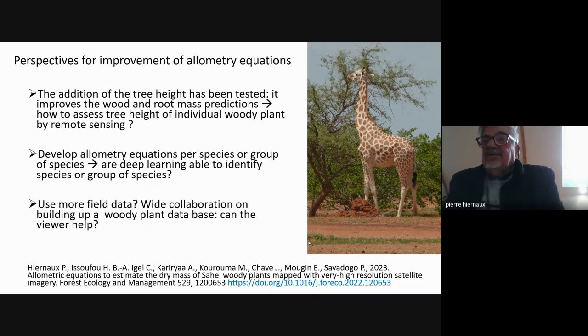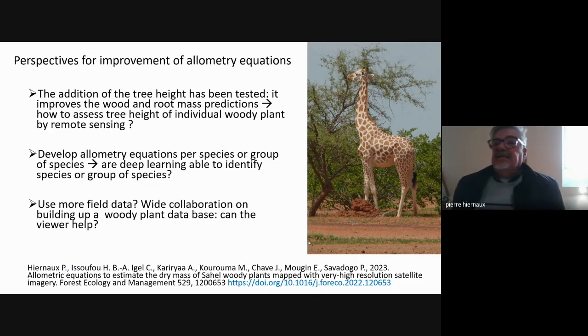Again, we already have answers there for, I would say, a couple of very special trees and shrubs. There's a paper published by a colleague at Copenhagen University, Ting Ting Lu, the first author, who was able to map with the same techniques Faidherbia albida, one of the particular species.